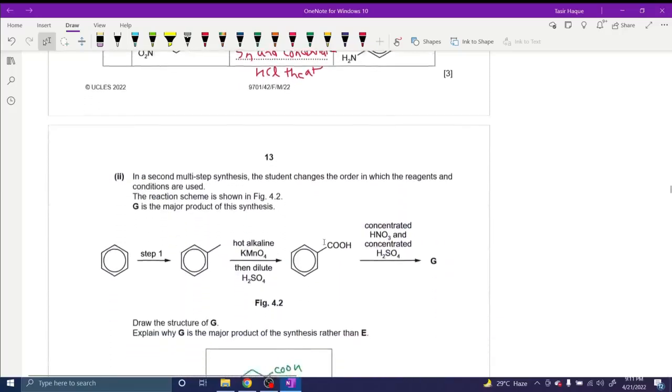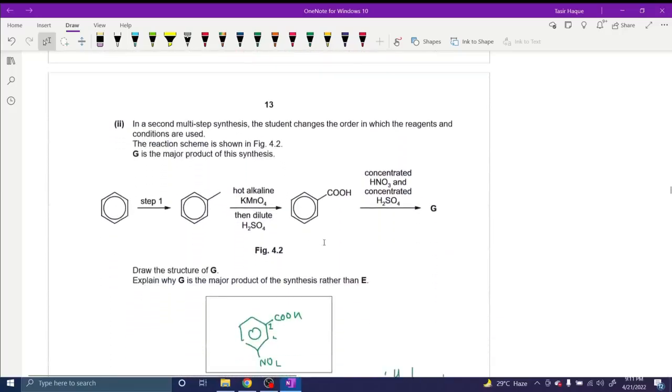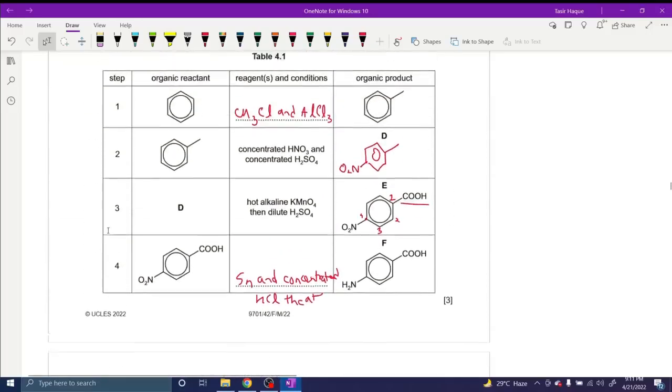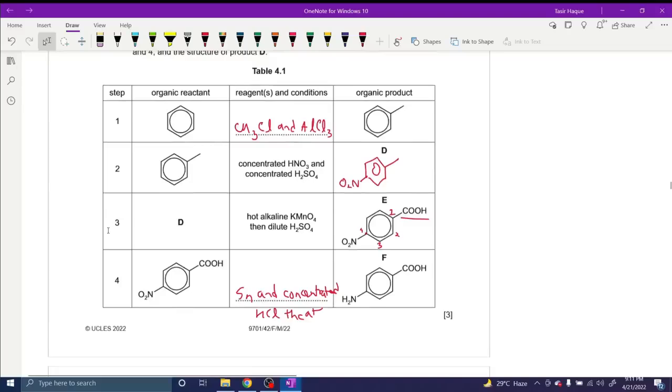Okay, for the next part, we have this. In a second multi-step synthesis, the student changes the order in which the reagent conditions are used. The reaction scheme is shown in figure 4.2. Okay, so G is the major product of this synthesis. How does this differ from our previous reaction? In our previous reaction, we had the methyl group over here, right, which is ortho-para-directing.